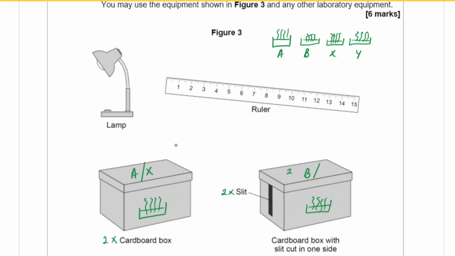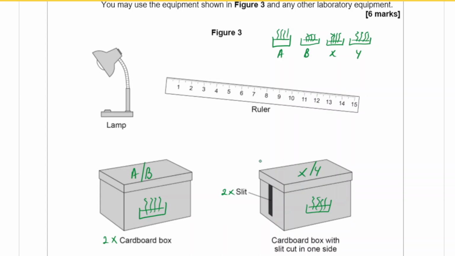Let me just relabel that. So A and B for the ones without the slit, and X and Y with the slit.